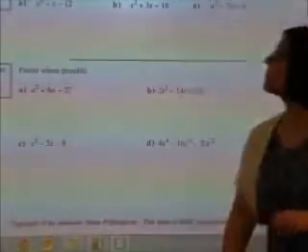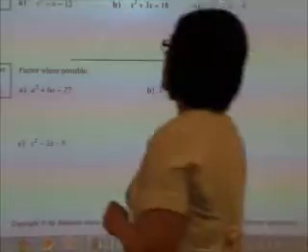Class example 1 and 2. Factor the following trinomials by inspection. So two numbers that have a sum of negative 1 and a product of negative 12.